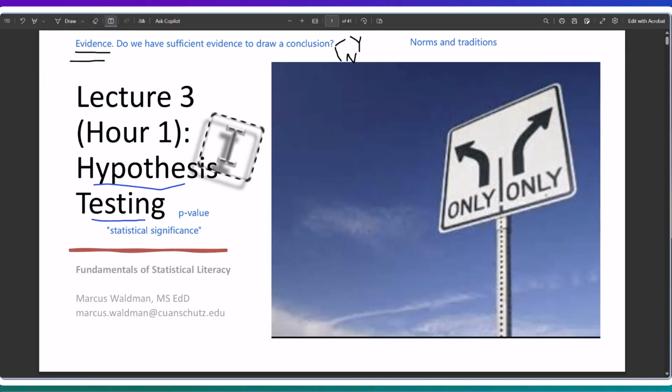What I like to say is hypothesis testing really is a social construction. Society has created a way to arrive at decision making, although another society could come up with a different set of procedures to see if there's sufficient evidence.